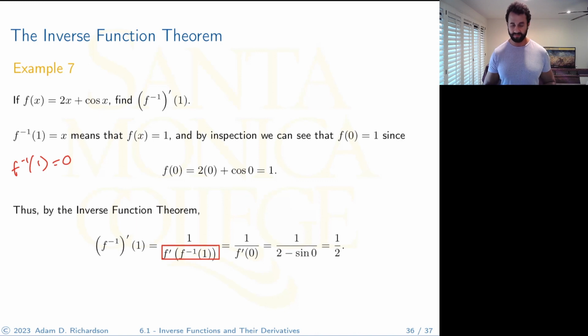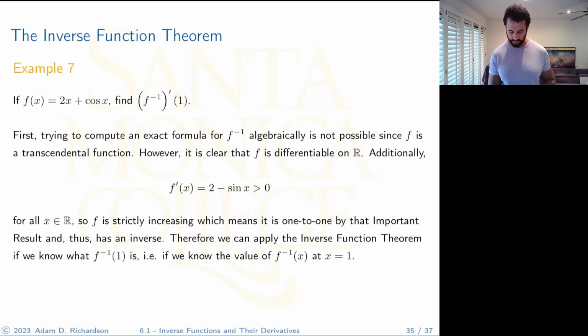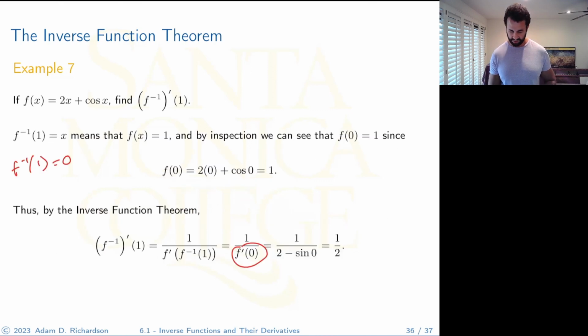Not necessarily, but we're going to find out right now. So f inverse of 1 is 0, so this becomes f prime of 0. What's f prime of 0? Well, we computed that. This is f prime. So f prime of 0 is 2 minus sine of 0, which is 2. There we go. And that's all she wrote. That's all we needed right there.